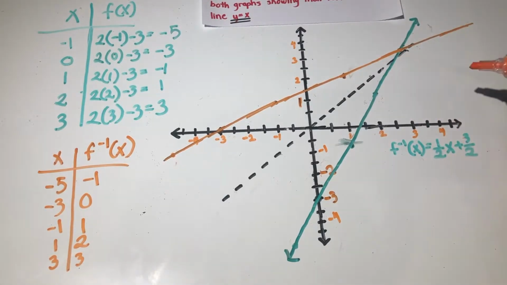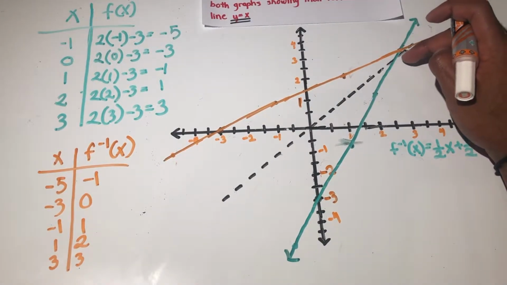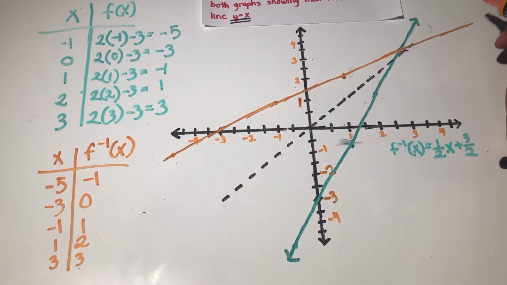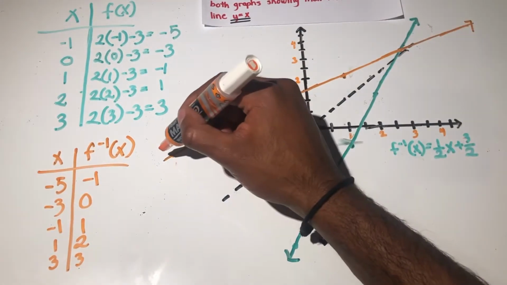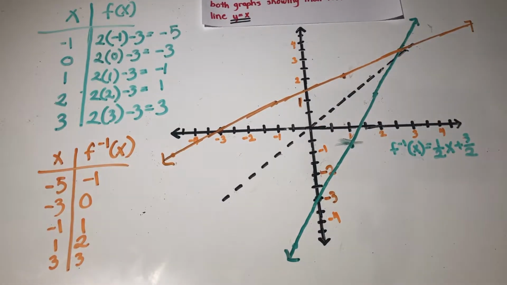Now, y equals x is kind of off a little bit, I would say. Again, excuse my sloppiness, but you can see what's going on here. There's a reflection on y equals x, and at the point 3, 3 in both functions, that's when you start to see the two graphs intersecting.